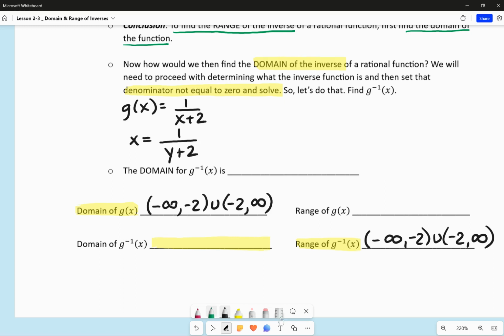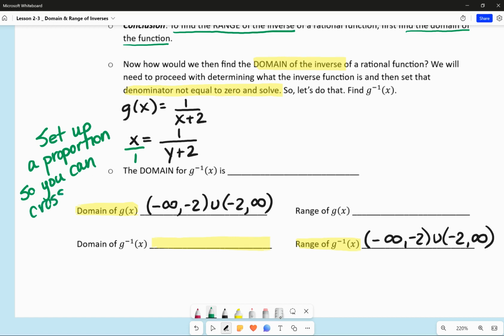Because I want to set up a proportion, I'm going to put this here to remind you on your notes: set up a proportion. A proportion is when you get two fractions set equal to each other, so you can cross multiply.